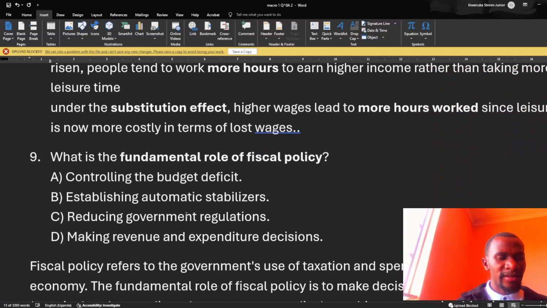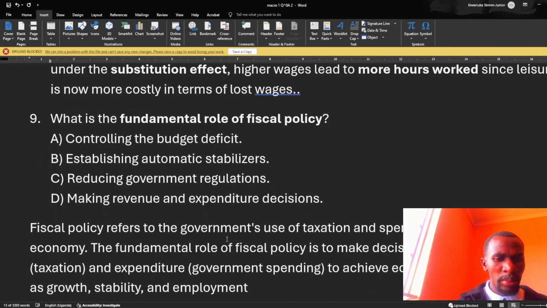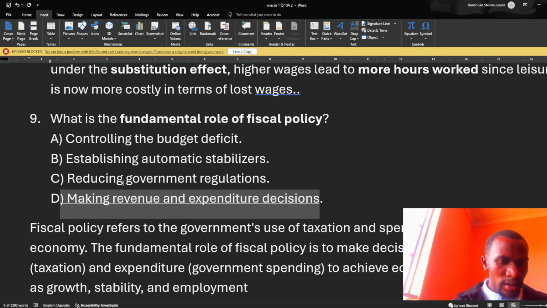Number 9, second last finally, and we'll be done with our lunch bite. What is the fundamental role of fiscal policy? So we see that the fundamental role of fiscal policy is making revenue and expenditure decisions. Here we are having reducing government regulations, establishing automatic stabilizers, controlling budget deficits.